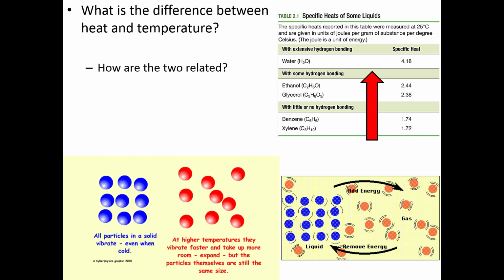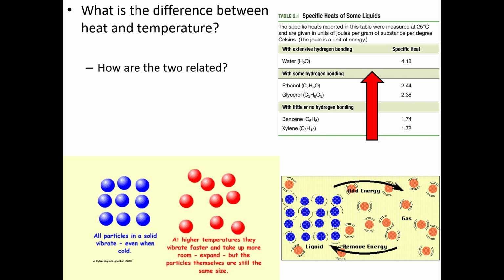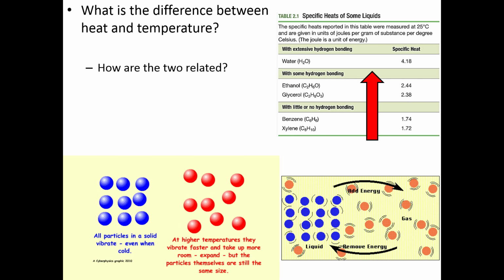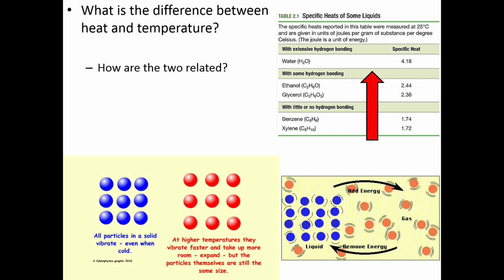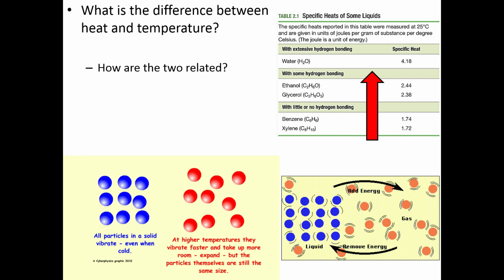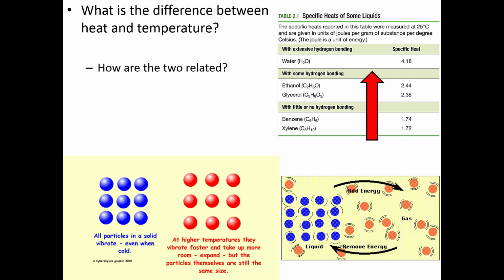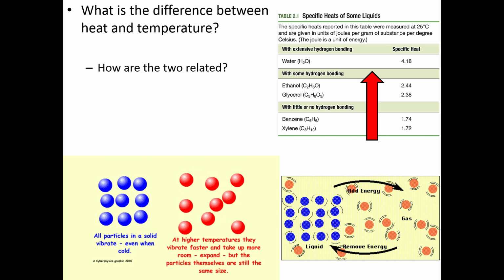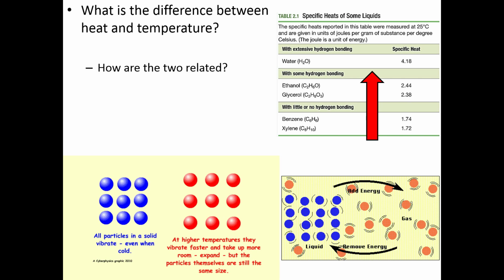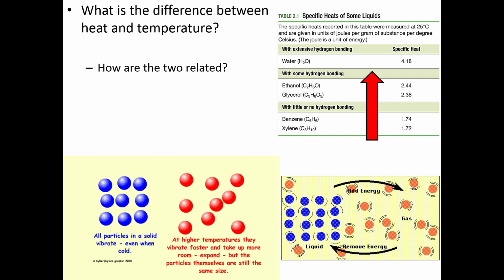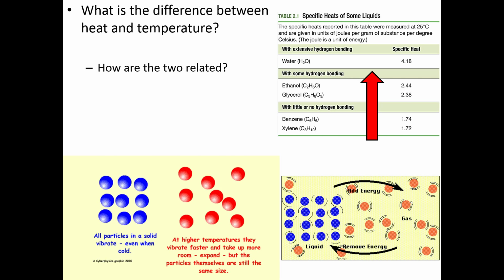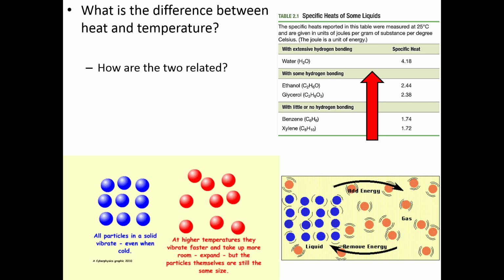Now, temperature is a measurement of the heat. It's a measurement of the vibrational energy and movement of molecules. In this case, we're measuring the movement of, for instance, water in a glass. We're talking about the vibration of the water molecules and the collision of water molecules with one another.